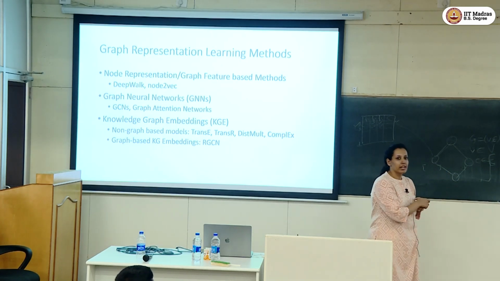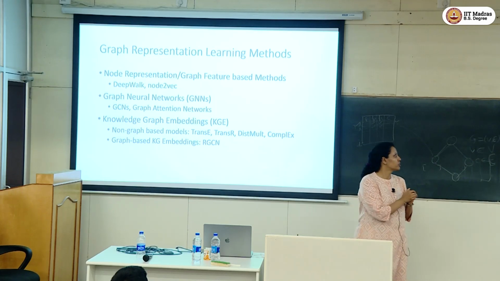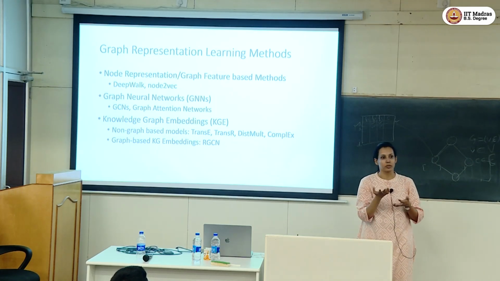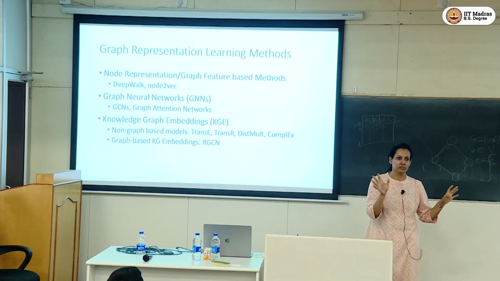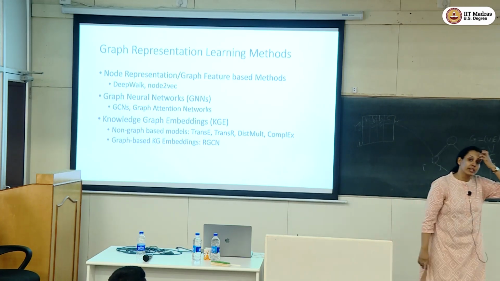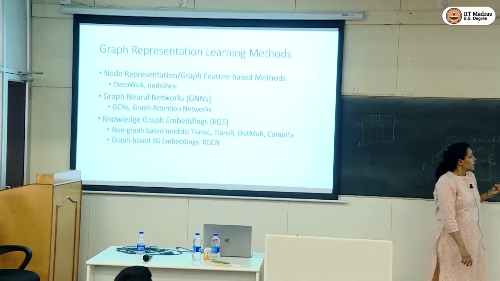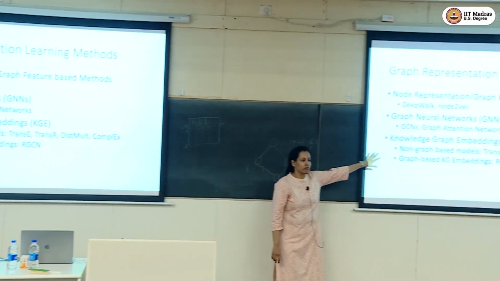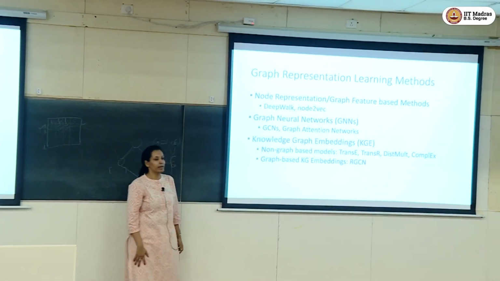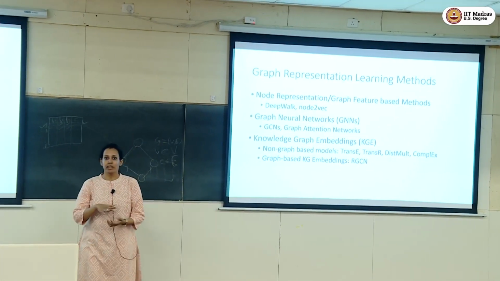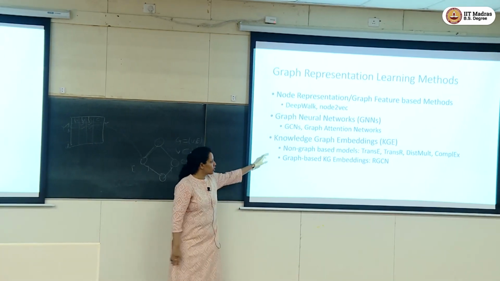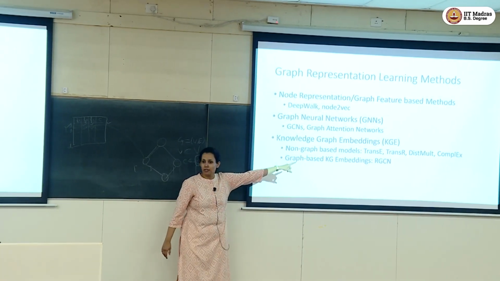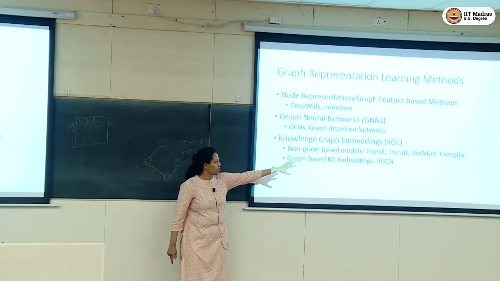Then there is the GNN era, which is based on graph convolution networks, and also graph attention networks. Graph attention is the same attention which all of you might know, the attention in transformers, right? The Attention Is All You Need paper. And then there is a different era, which is knowledge graph embeddings. But knowledge graph embeddings were also solved with non-graph models, TransE, TransR, all of these models.